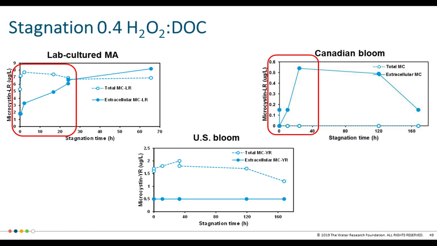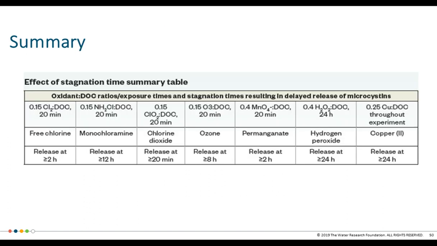Looking at a 0.4 hydrogen peroxide to DOC ratio, we also saw some release, especially in the lab cultured cells, whereas in the US bloom, we did not see release. And it was slow release, occurring up to 24 hours and later happening with those cells.